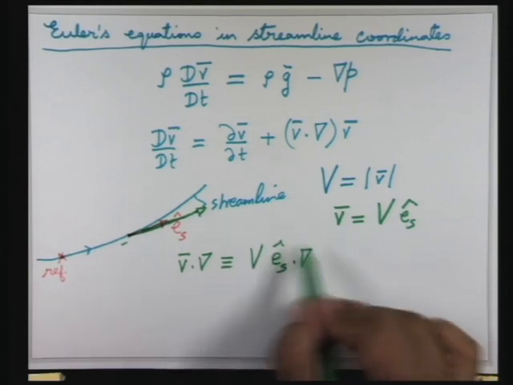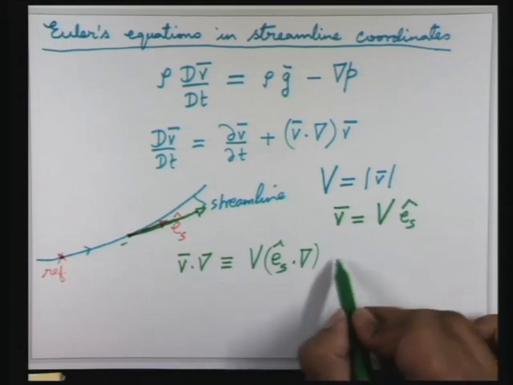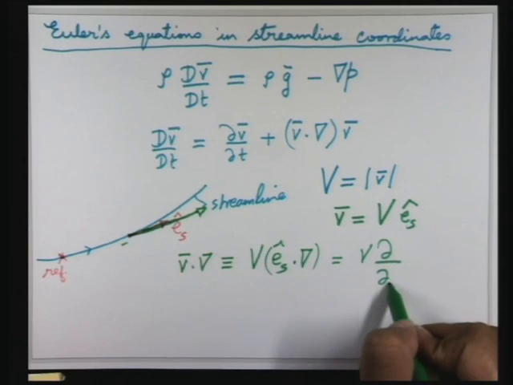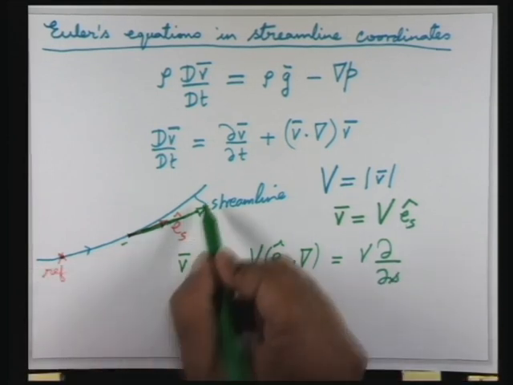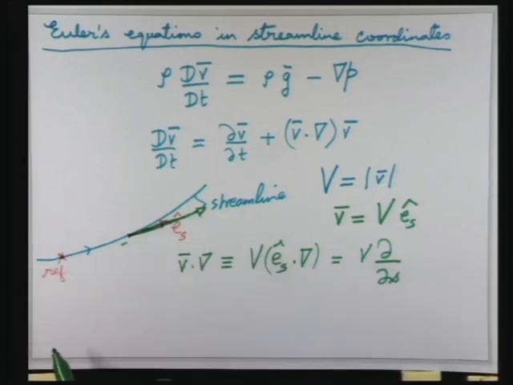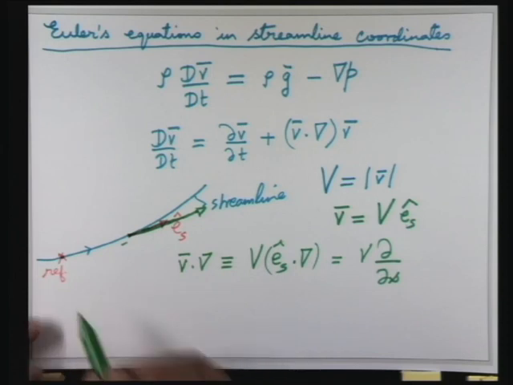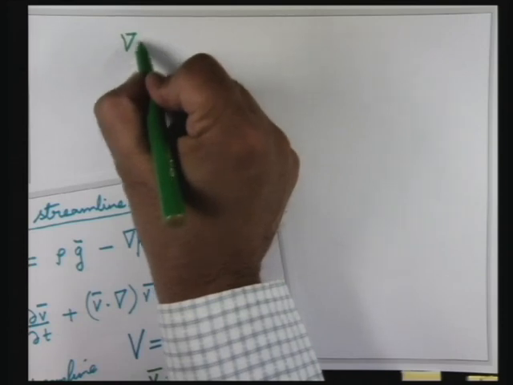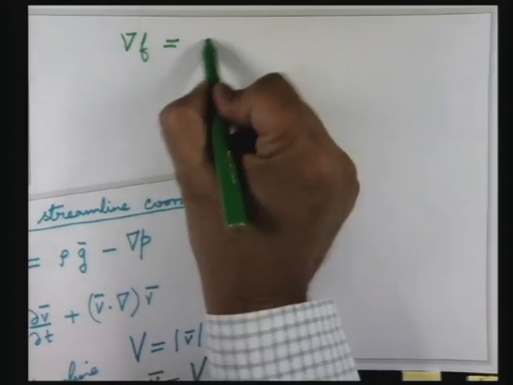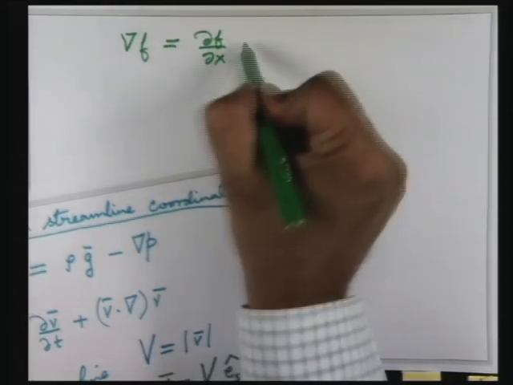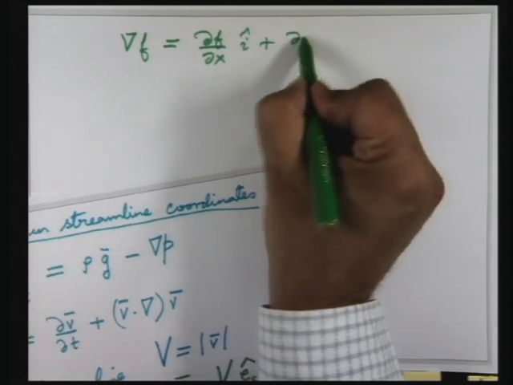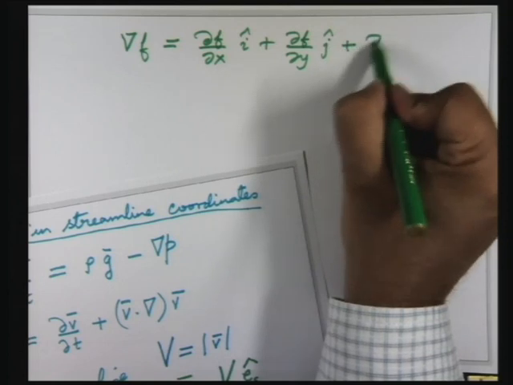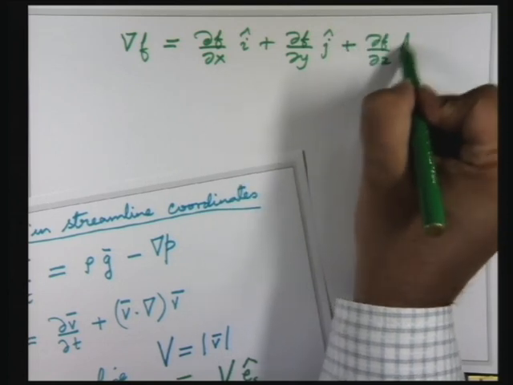So, this you know from your vector calculus is the directional derivative along this direction S. If you look at grad f, in Cartesian coordinates you have del f/del x i plus del f/del y j plus del f/del z k.